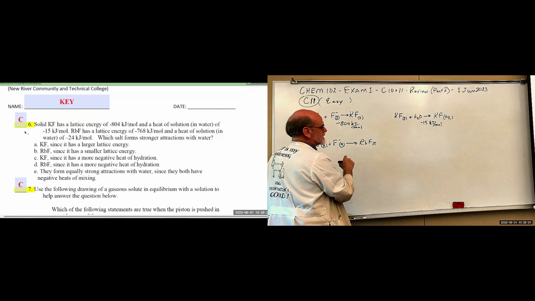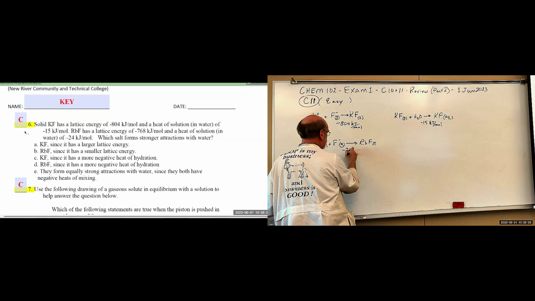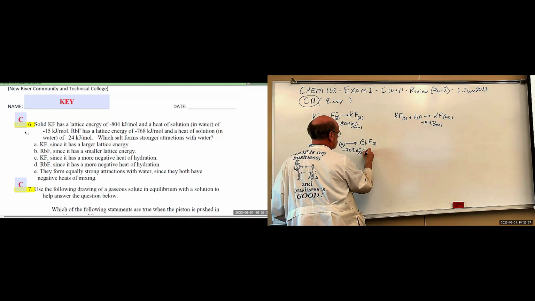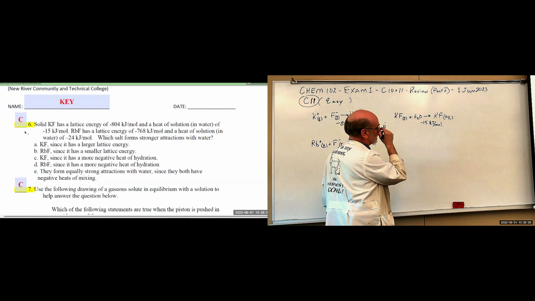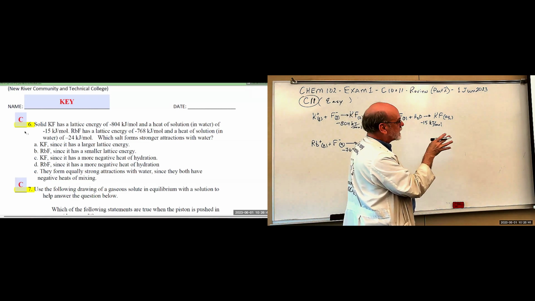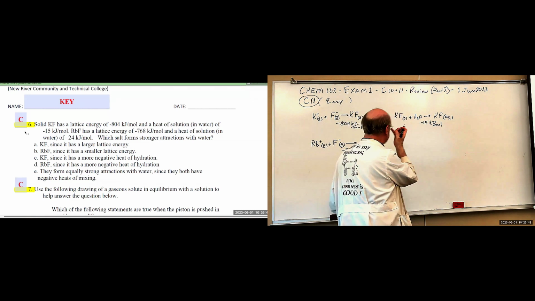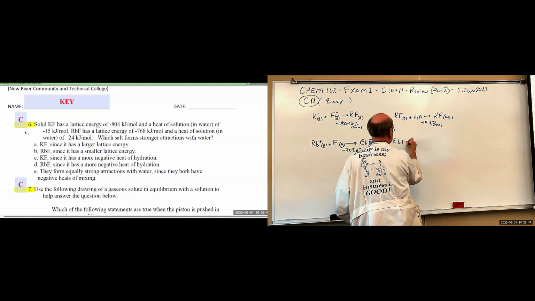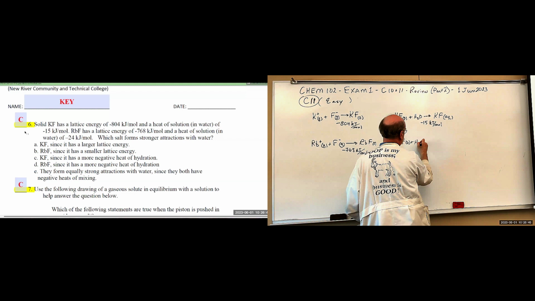Minus 768. I think I'm going to run out of board. This is a big problem. And its heat of solution is minus 24. So rubidium fluoride solid plus water.